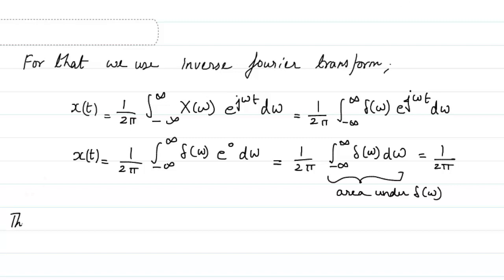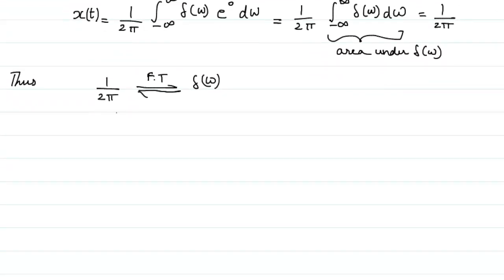Thus we can say that if you have a function which is having 1 by 2 pi as the value, which is a constant value, then the Fourier transform of that, I will write it like this, is basically delta omega. Then if that is the case, 1 is going to be equal to, if you multiply it with 2 pi, then I will get 2 pi delta omega, and the 2 pi here will get cancelled this side.